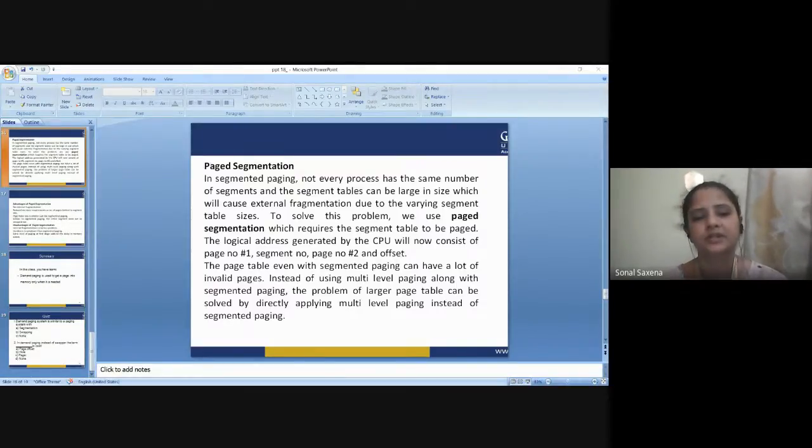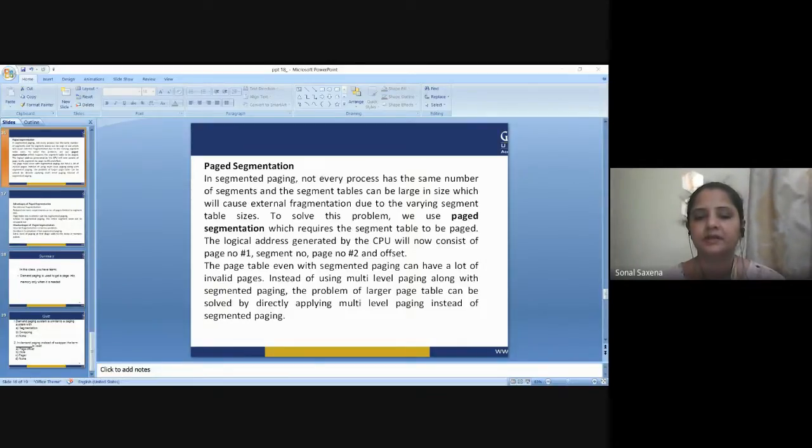So how is the translation of logical address to physical address done in this case? The CPU generates a logical address which is divided into two parts, the segment number and the segment offset. The segment offset must be less than the segment limit.